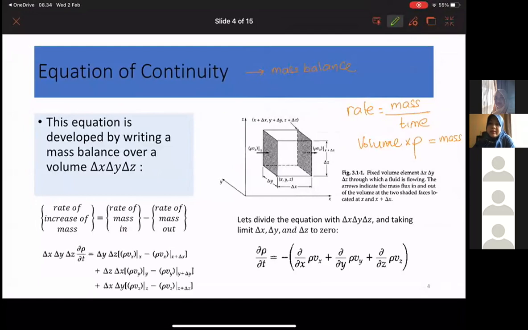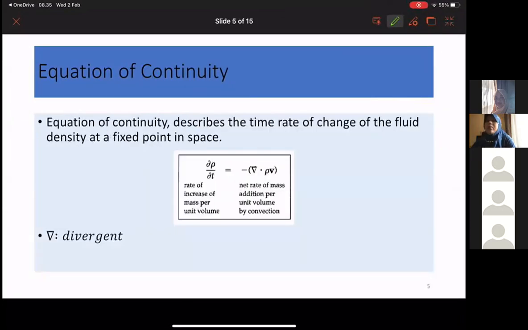Let's say there is a v in the x direction, a stream coming inside along x, and also out, and also a stream coming from positive z and out, and also the one going in the y direction and the y out. Think about it: you have a block. What do I have? Oh, I don't have the block.